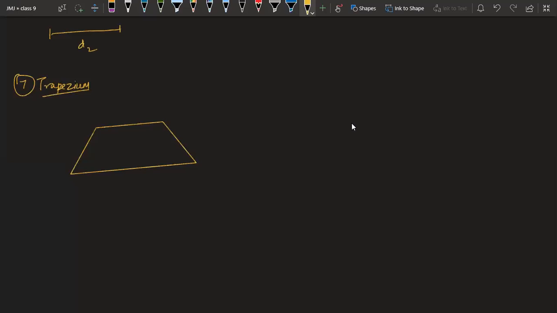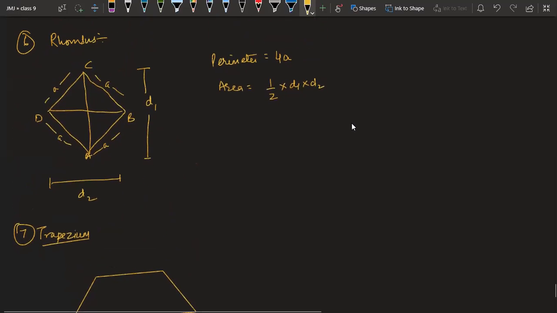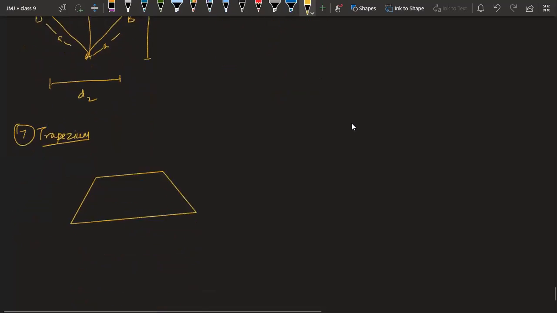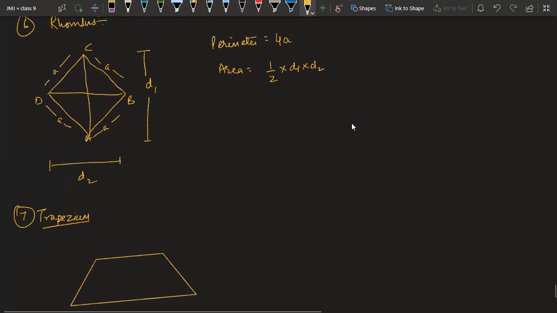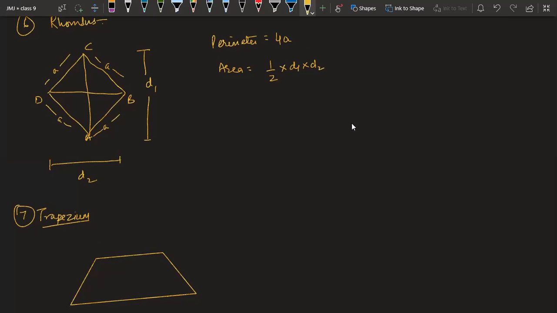Okay, Piyush, because a square has angles of 90 degrees, but a rhombus does not have that. That is why its area is not a square. You also can go for base into height in the case of a rhombus, as you are doing in the case of a parallelogram. If you know the height, you can use base into height also.